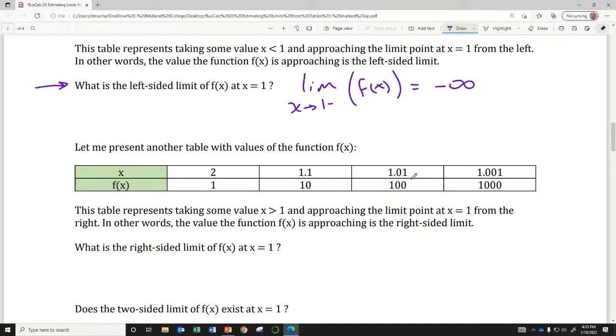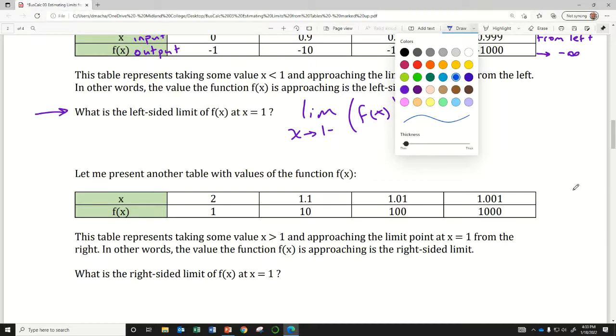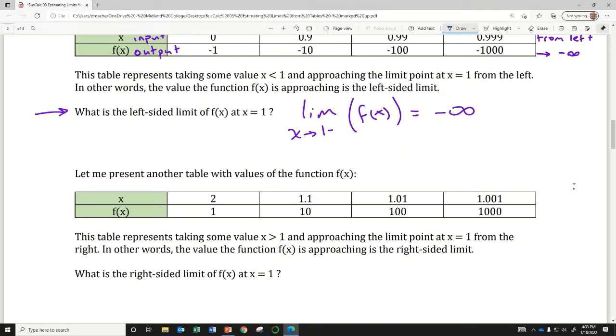Okay, same function, a table with more values of our function. Let's see what we have. So as my inputs are going from 2 and getting closer and closer to 1, it looks like I'm approaching x equals 1 from the right side, right? Because I'm coming in from 2 and going towards 1.